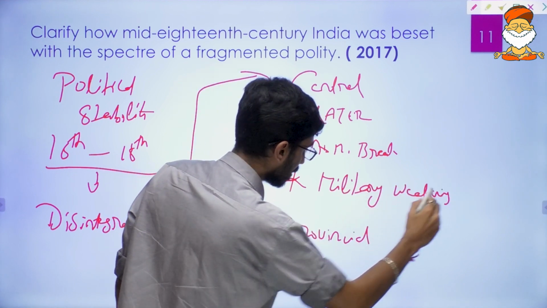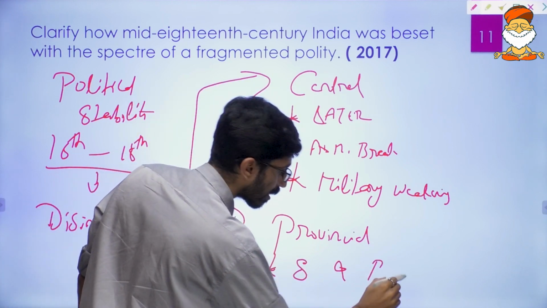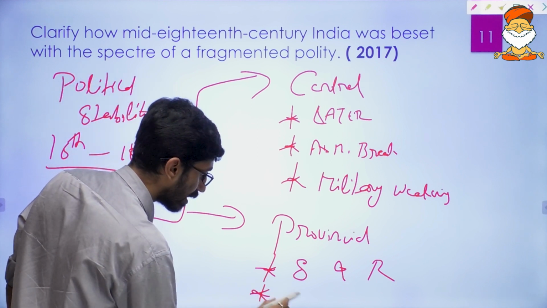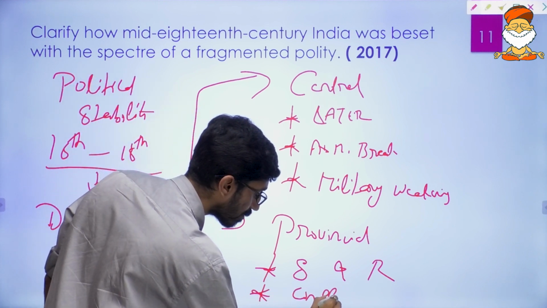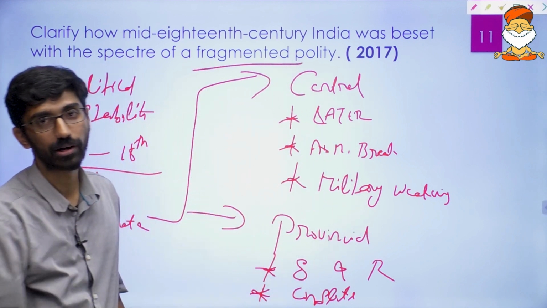At the same time, at the provincial level, there were successor states as well as rebellious states, and at the same time they had a lot of conflicts among themselves. So all this bears out the fragmented nature of the Indian political system.